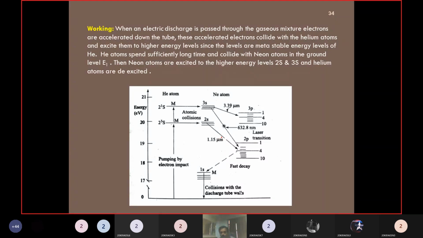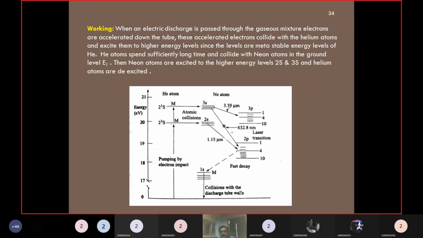Suppose we want the 3.39 micrometer wavelength laser, then we will use filters to absorb these two lasers. Similarly, if you want only this laser, we will use a filter to absorb the other two lasers.